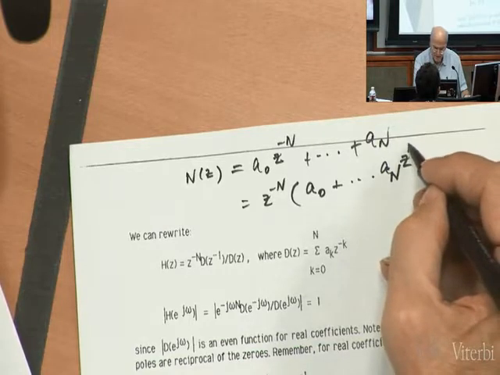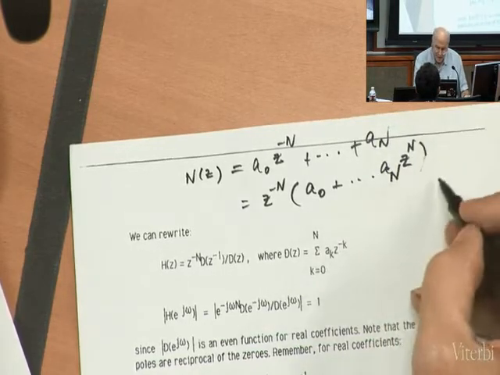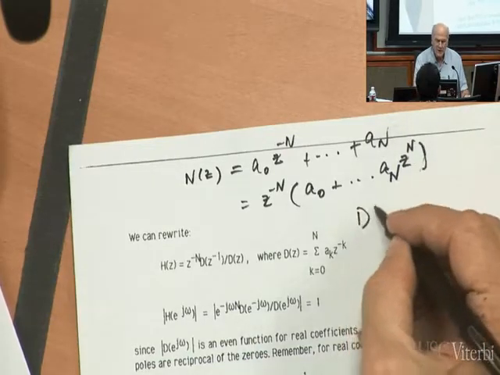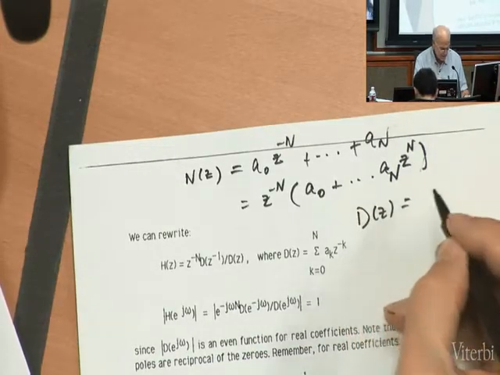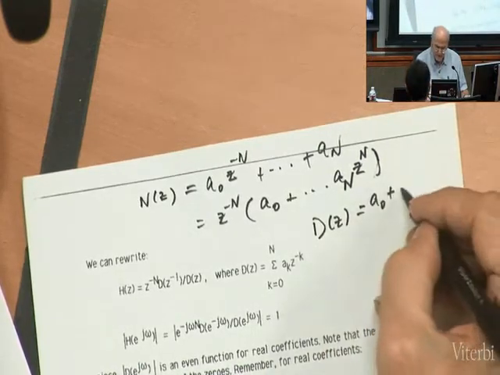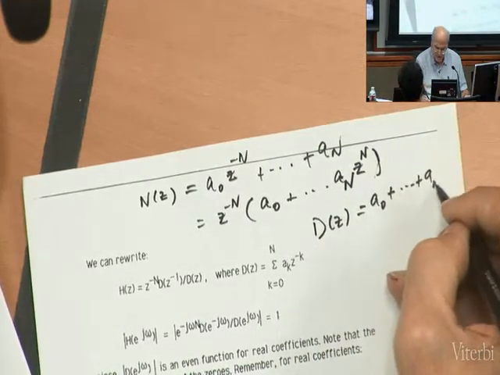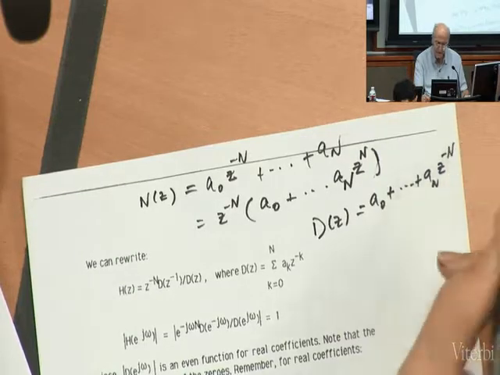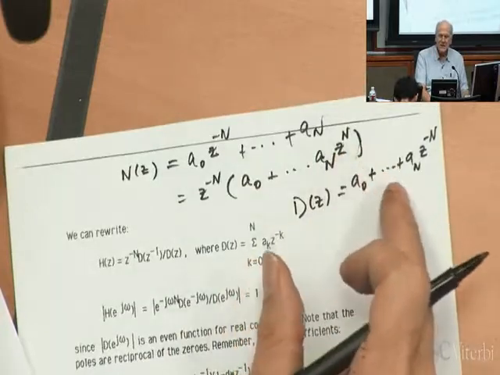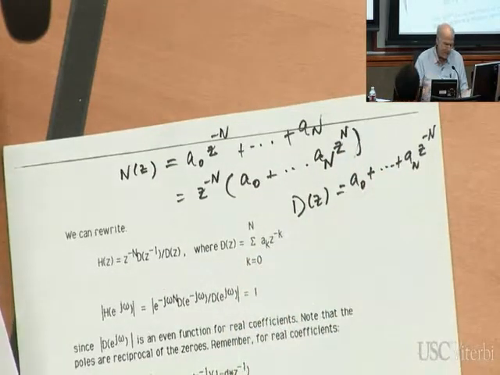Yes, that is right. Now, let's review our denominator. Our denominator is a naught plus dot, dot, dot, plus a sub n z to the minus n. This looks pretty close to our denominator except for one little thing.